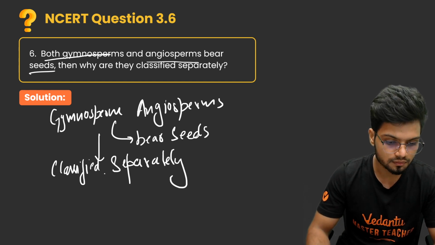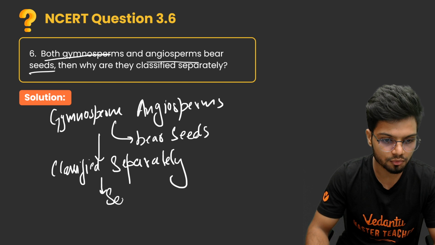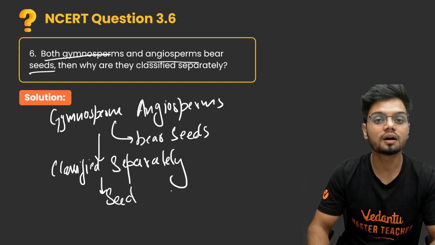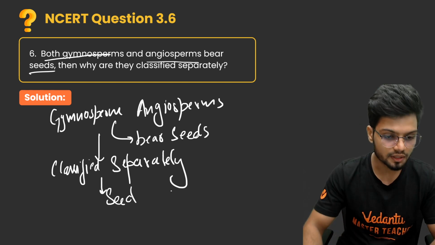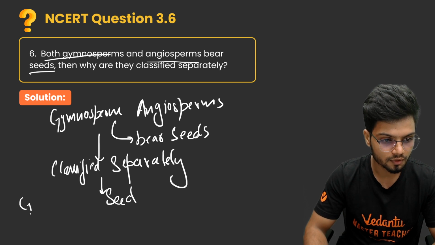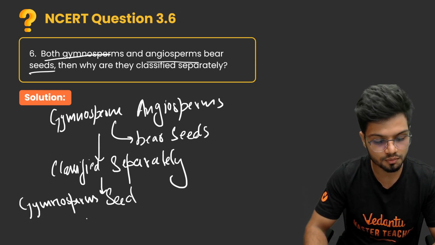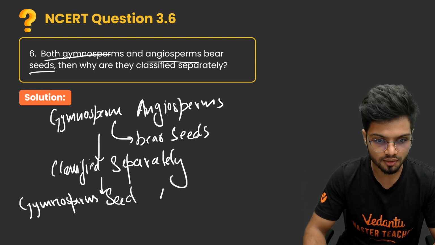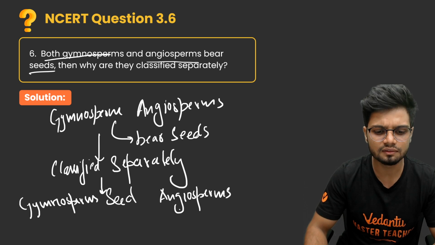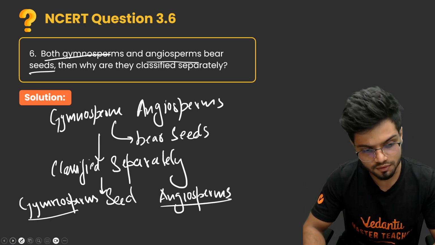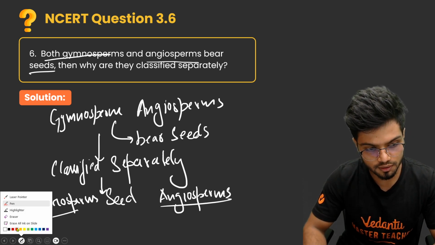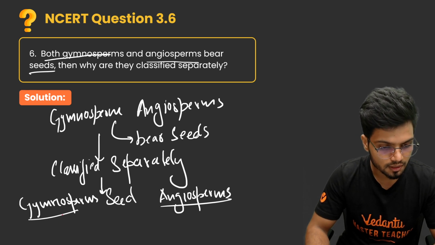Why? Because of the anatomy of the seed. How is the seed there? In the case of your gymnosperms and angiosperms, seeds are a little different. So what could be the different feature? The different feature I'm talking about here is, in the case of your gymnosperms, the seeds are naked.